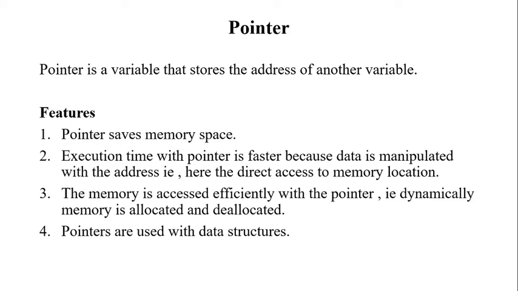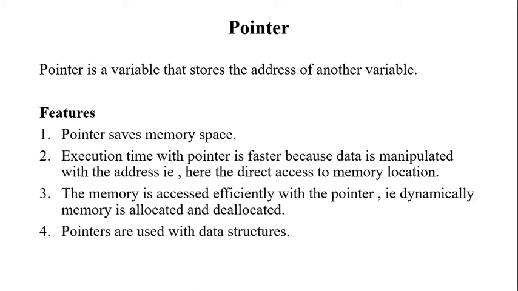A pointer is like a normal variable, but this pointer variable can store only the address of another variable. So what are the features of the pointer variable? A pointer saves memory space. Execution time with the pointer is faster because data is manipulated with the address, that is, here the direct access to memory location.